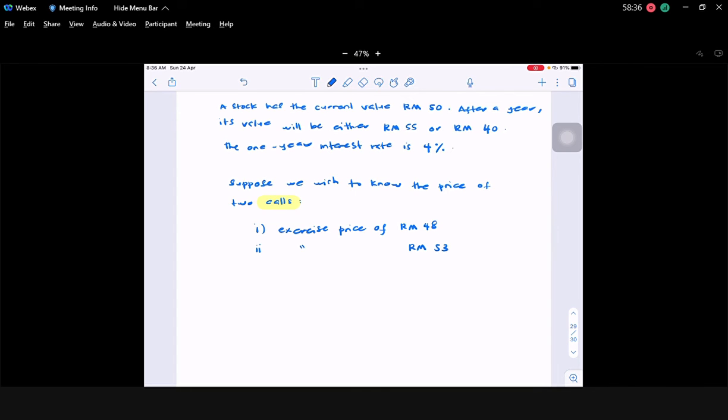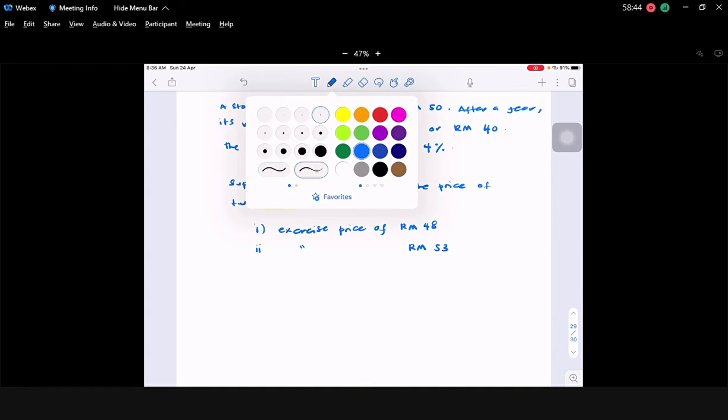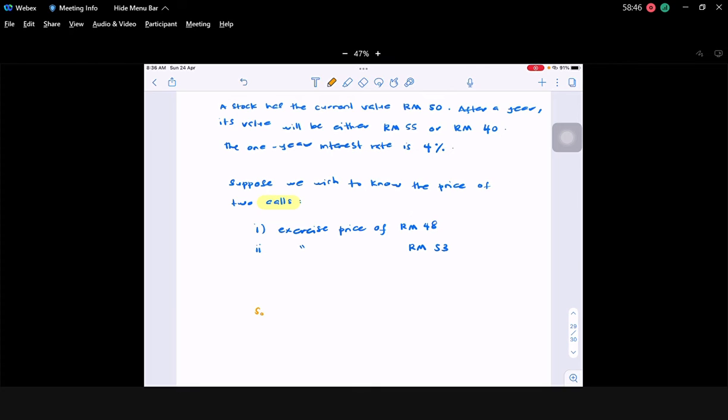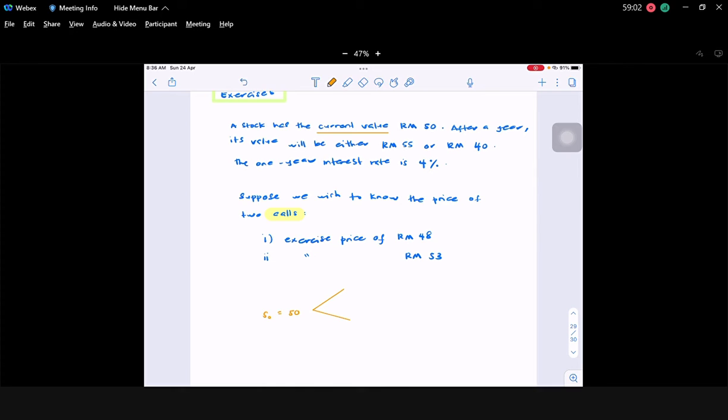Okay, so kita boleh sketch simple binomial model. So S naught equal to 50 ringgit, sebab current value. And then S1U equal to 55, S1D equal to 40.